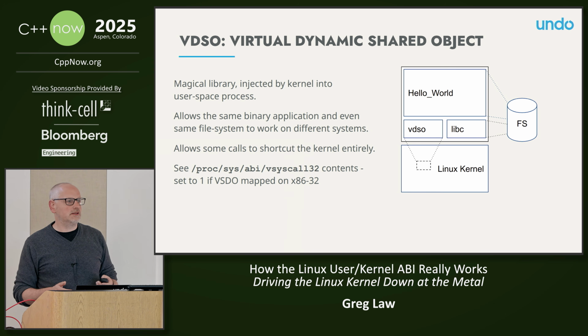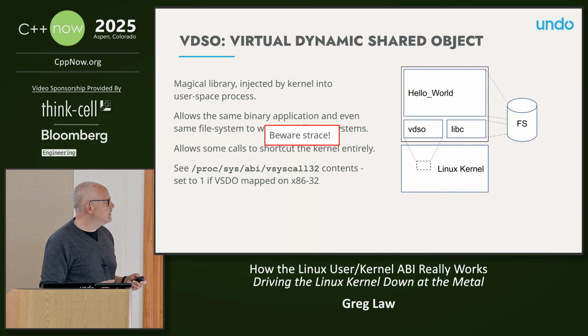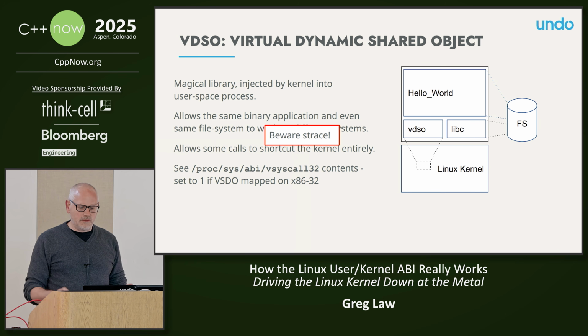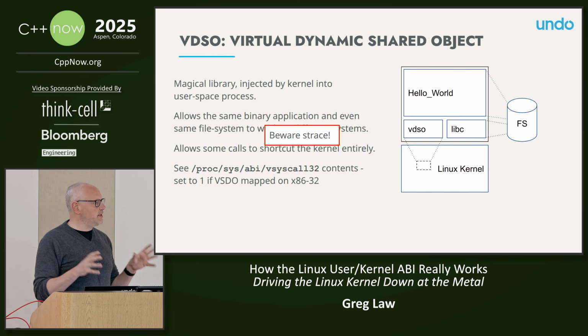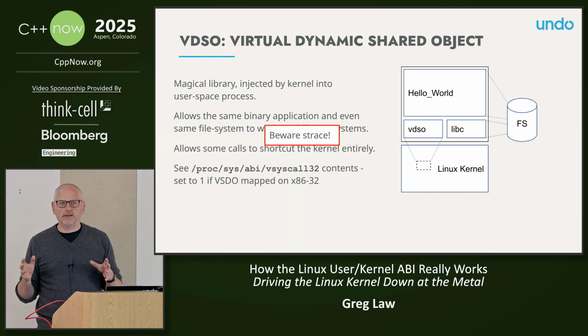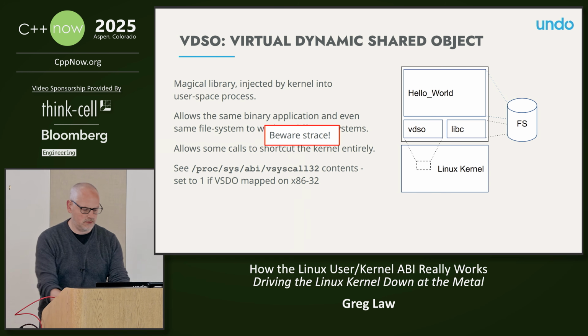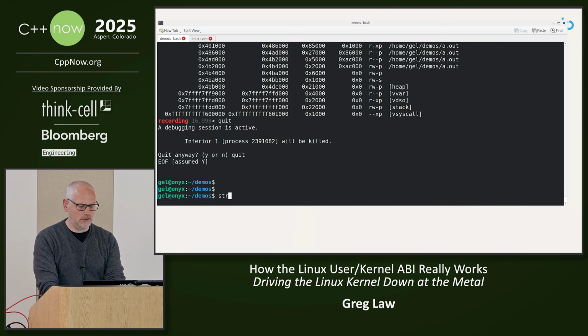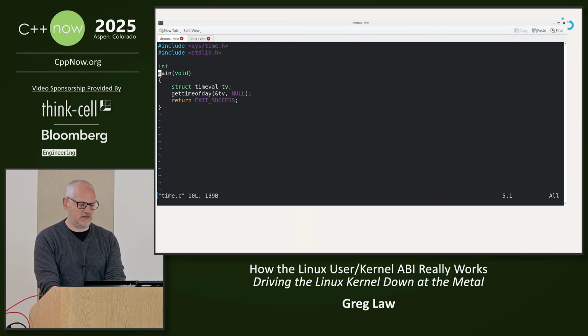Anyone else? No. All right. Yes. Oh, yeah. So beware strace. Some of the things you think might be a system call, like gettimeofday, are not. So here's a function that's going to call gettimeofday.